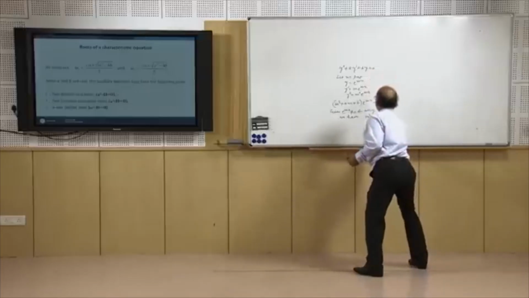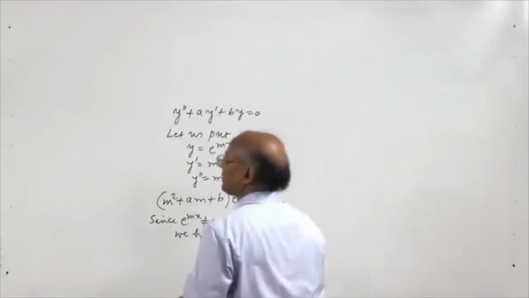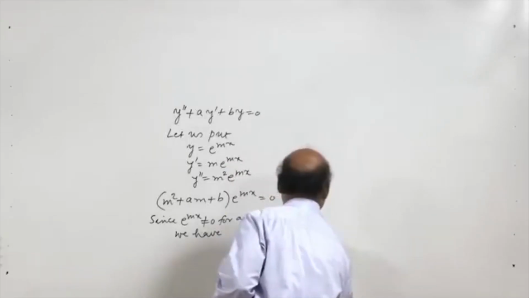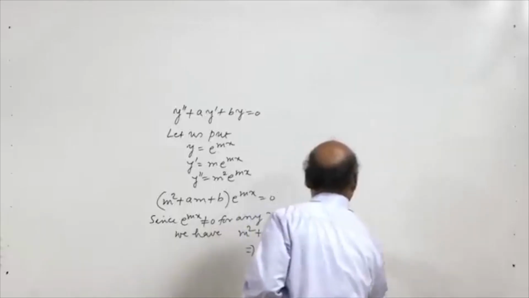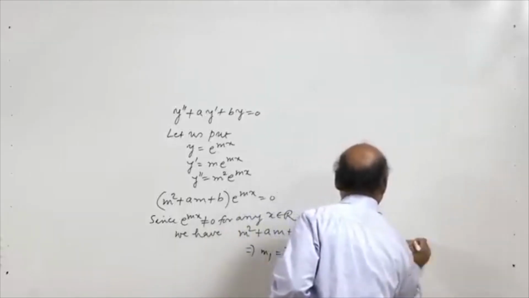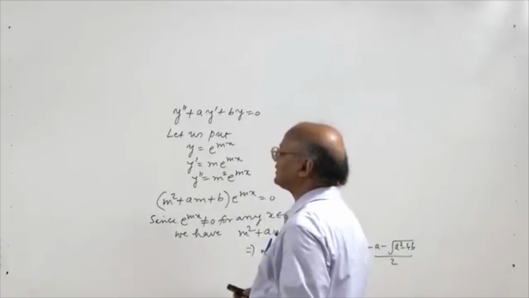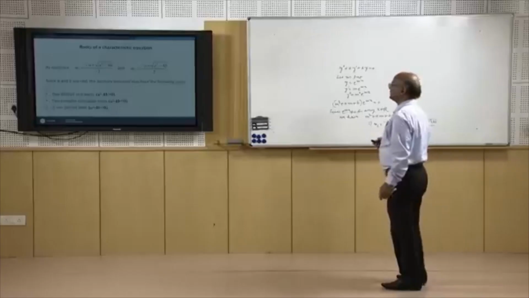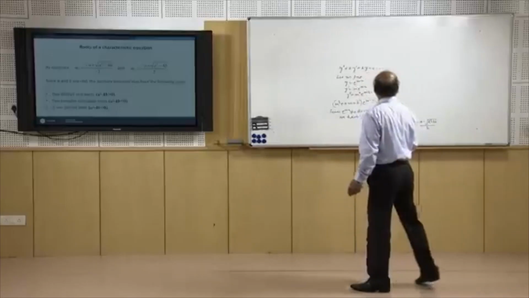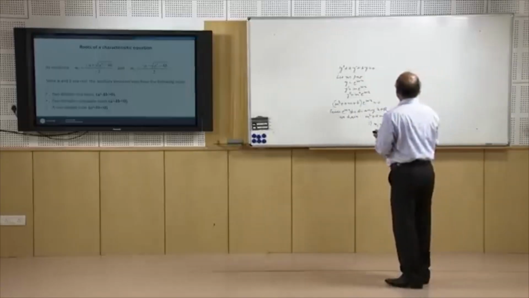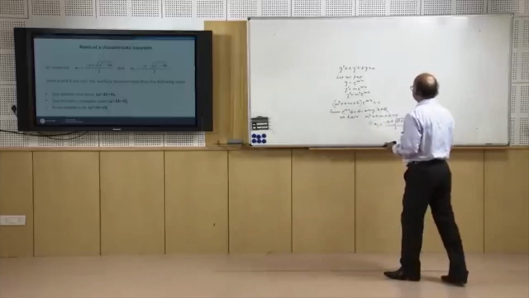This gives m1 equal to minus a plus under root a square minus 4b by 2 and m2 equal to the corresponding minus root. Whether m1 and m2 are distinct, or complex conjugate, or equal depends on the discriminant of the given second order equation m square plus am plus b equal to 0.